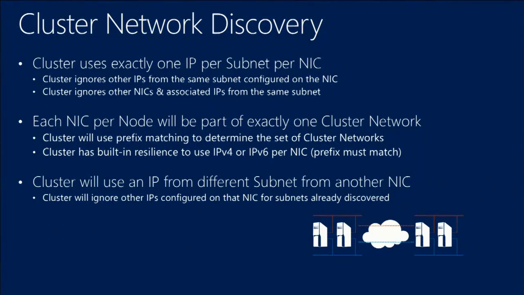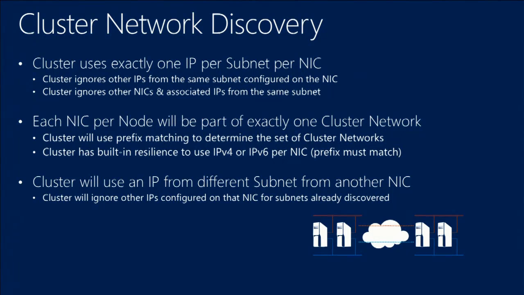It identifies that both these NICs are actually on the same subnet, but cluster chooses to use only one IP on one of the NICs. And it would actually ignore the second NIC that has an IP configured on the same subnet, as long as there is another IP available. And so that's where configuring NIC teaming is important if you have two NICs that are on the same subnet.